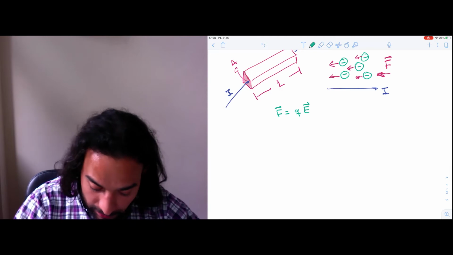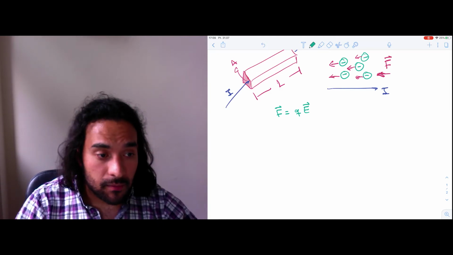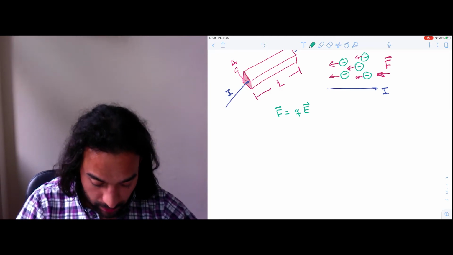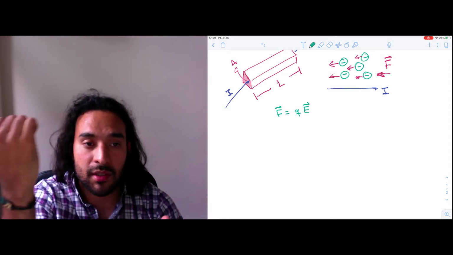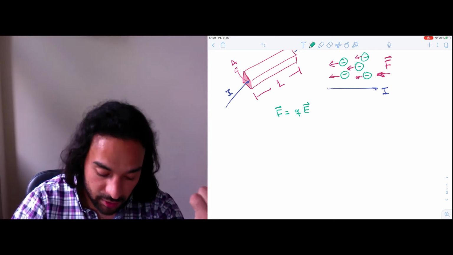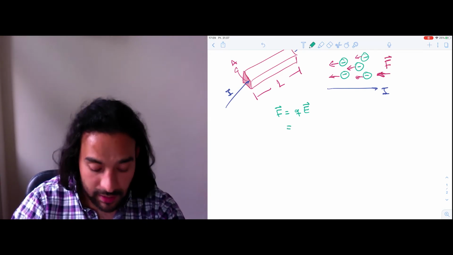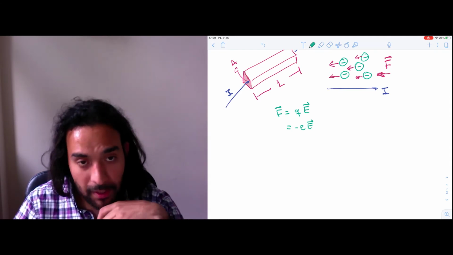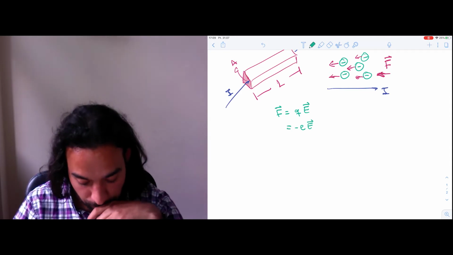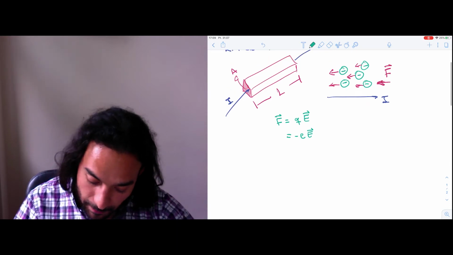To make things consistent: if the field goes in this direction, the electron goes in the opposite direction, and that's because electrons have a negative charge. That's minus e times the vector of the electric field, right?